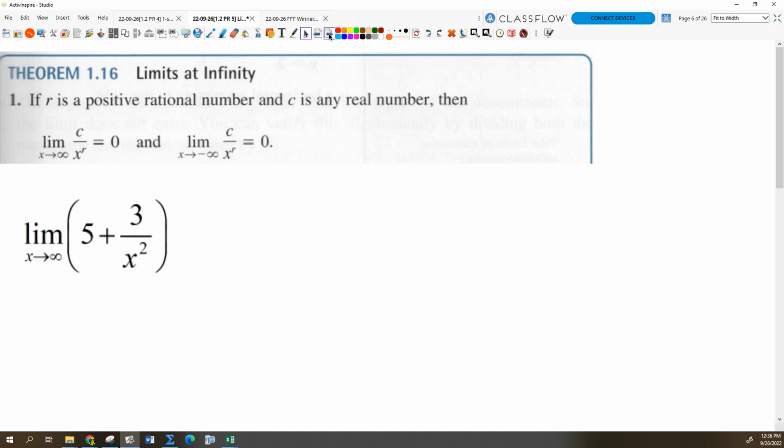We could prove that it works for all real numbers, even irrational numbers. Then the limit of some constant c divided by x to the r as x approaches infinity is 0. And the limit of c divided by x to the r as x approaches negative infinity is also 0. Okay, why is that? Think about it this way.